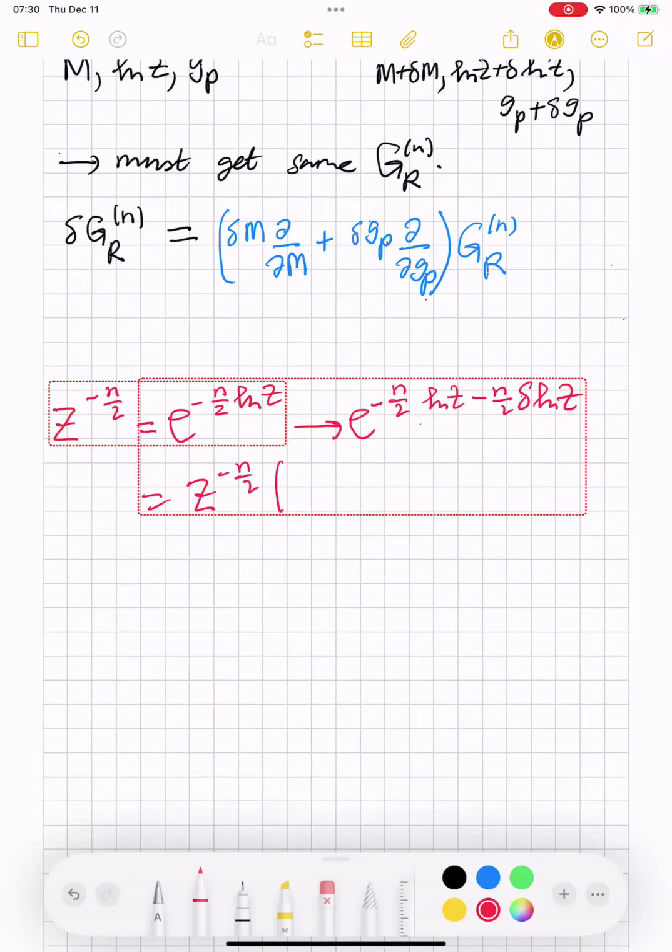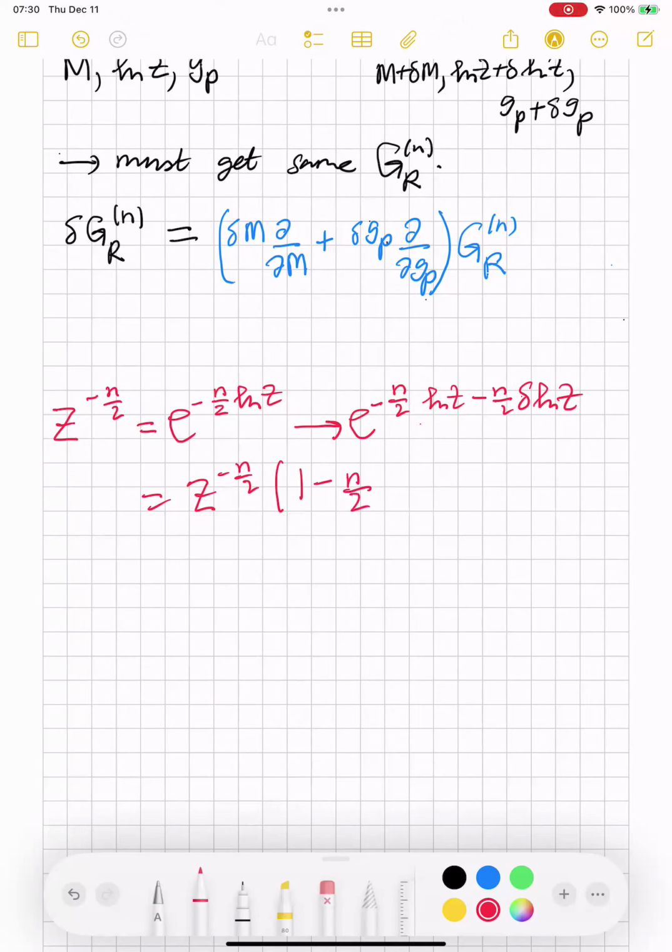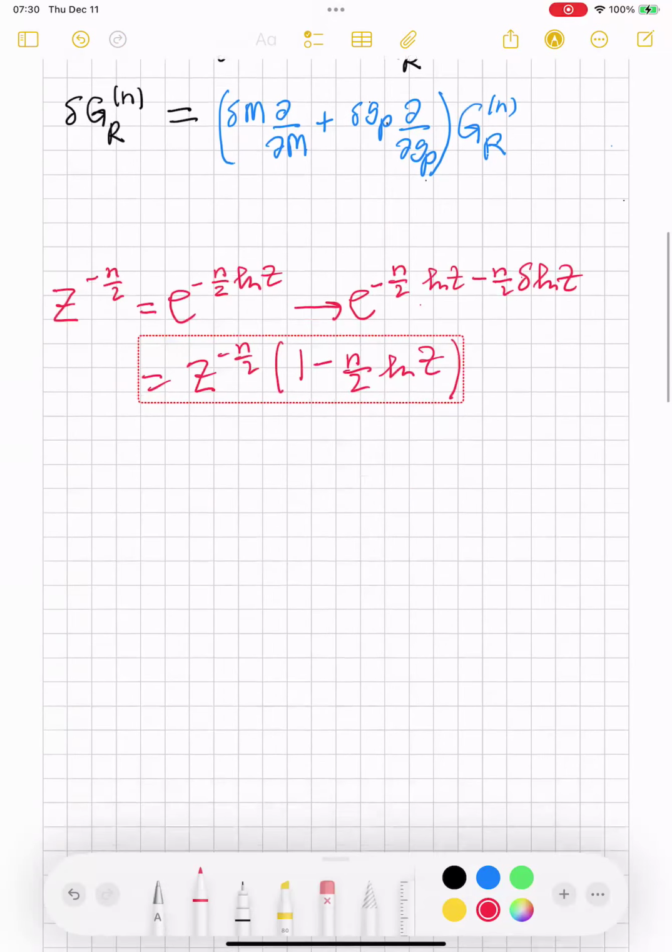Then I'll expand: I'll get 1 minus n over 2 delta log Z, and we'll forget about higher-order terms, as we did for the blue equation above. This is the reason why I changed from Z to log Z. And second, we usually introduce a little bit of notation to simplify things.